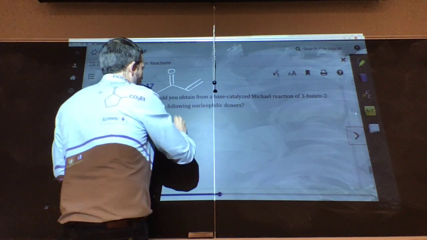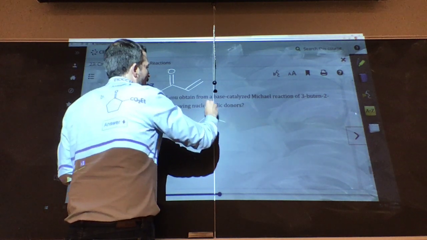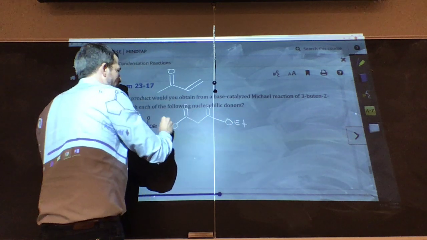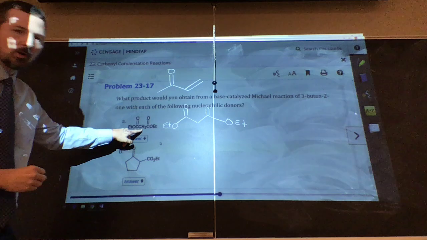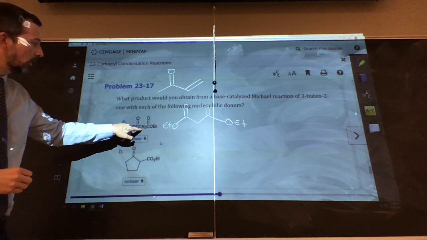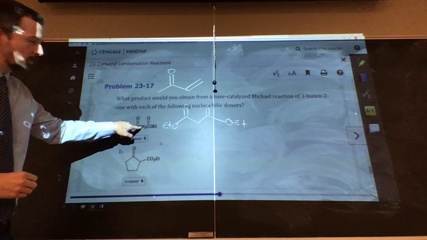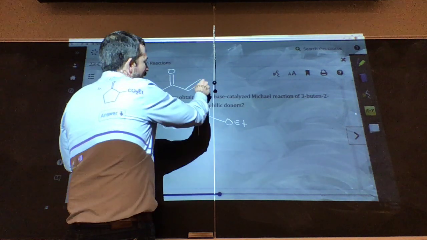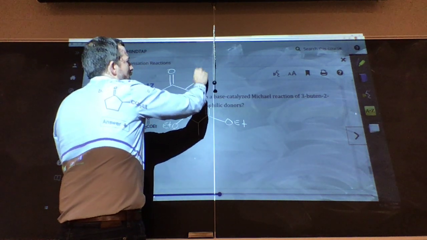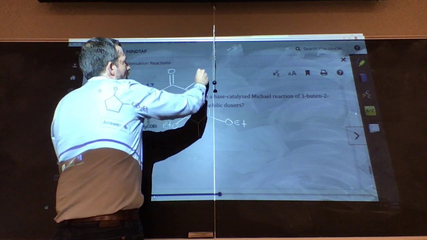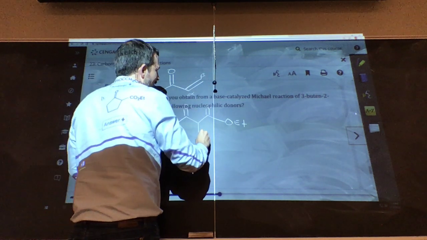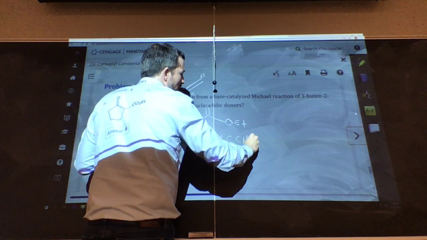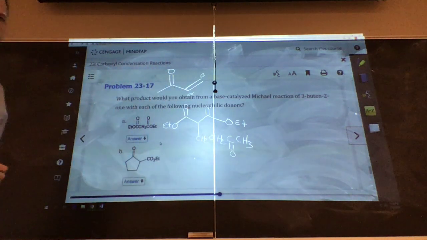So I'll draw this one out. Okay, it's a malonic ester here. Look at the alpha position between the 2 carbonyls, and I attach to the beta position here. So I'd have a CH2, CH2, C double bond O, CH3.